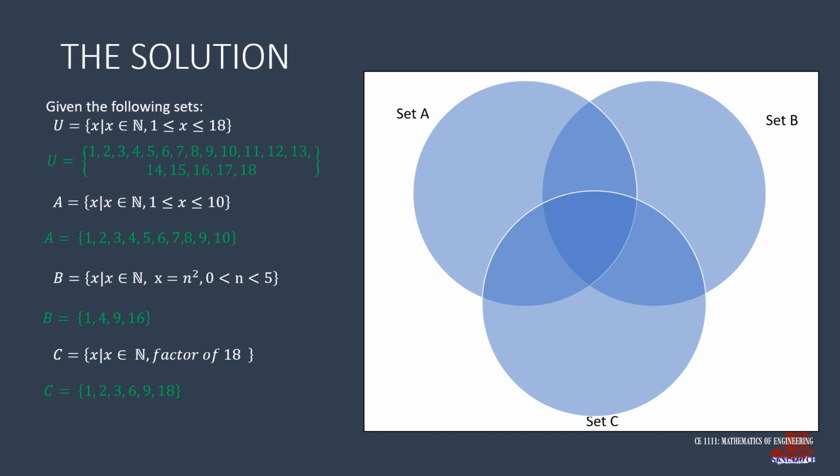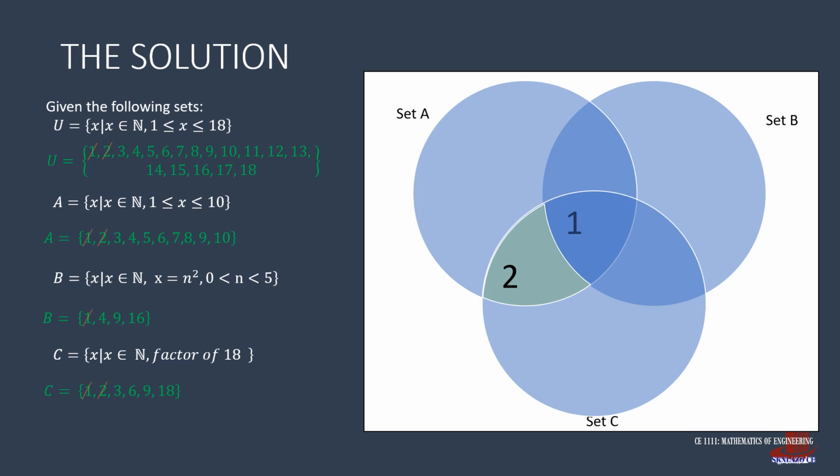Now, we locate the position of each element in the diagram. Starting from 1, we can find this element in all the 4 sets. So that would mean that 1 is in the intersection of all sets. Next is 2, which can be found in set U, set A, and set C. Since U is the universal set, that means that 2 is inside the rectangle.